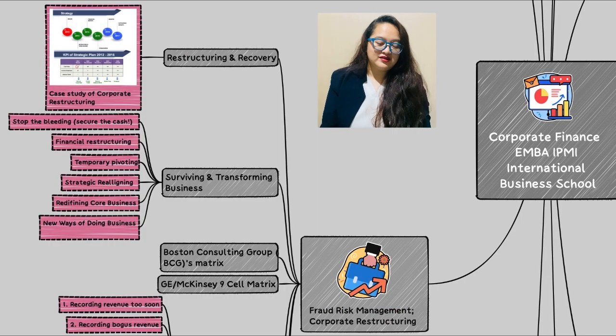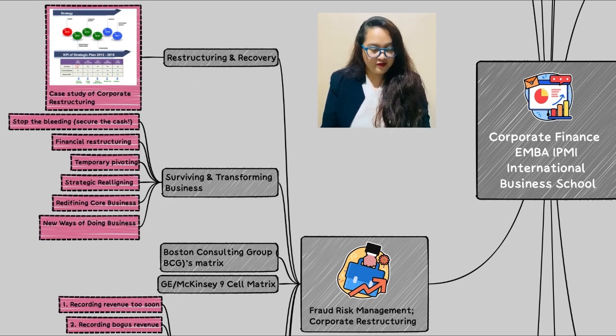Number 5 is fraud risk management and corporate restructuring. But the first one is about restructuring and recovery. We have a case from Professor Roy, his experience in corporate restructuring and surviving and transforming business.